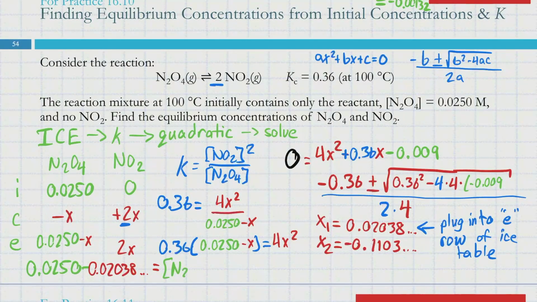So our concentration at equilibrium for our N2O4 should be 0.0046-ish.